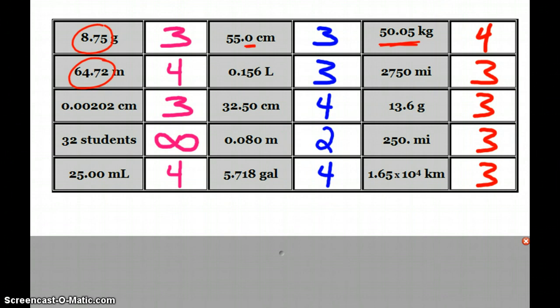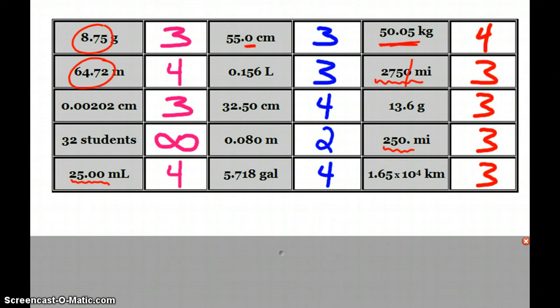Zero sandwich over here, 50.05, that's 4. 2,750 miles, that's a naked 0. So that's just 3. Unlike this one, 250. miles, that means we count that 0. So there's 3 sig figs there. Same over here, 25.00 milliliters is 4.